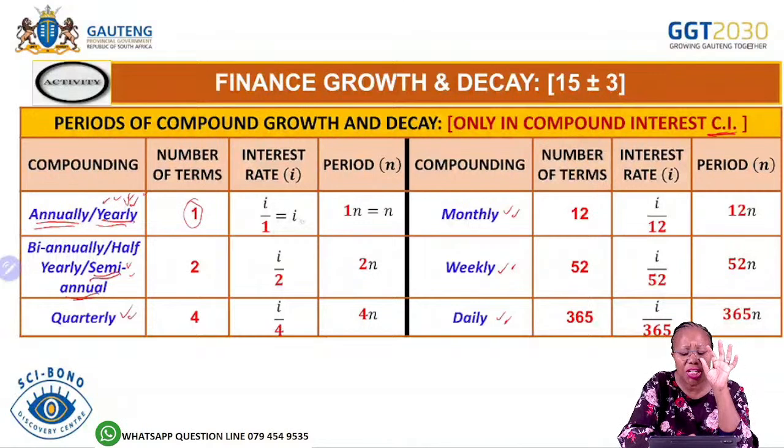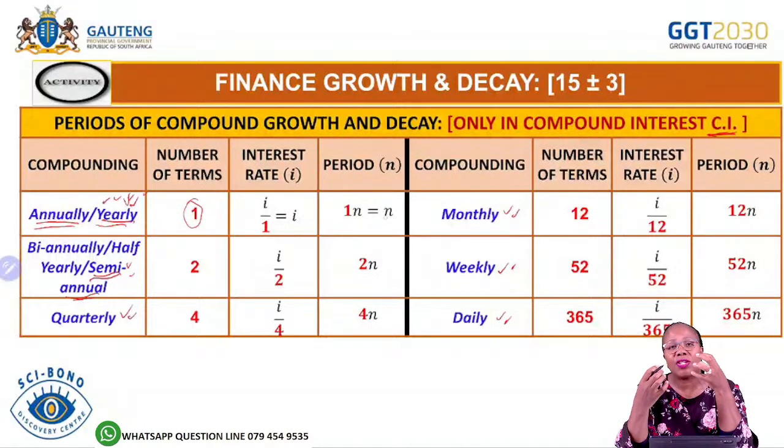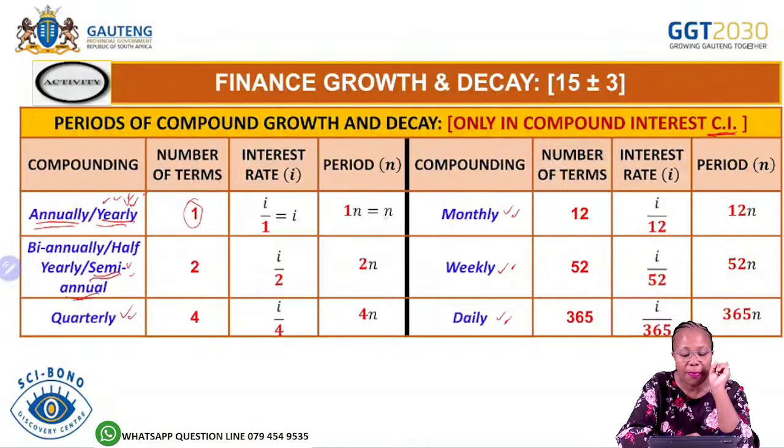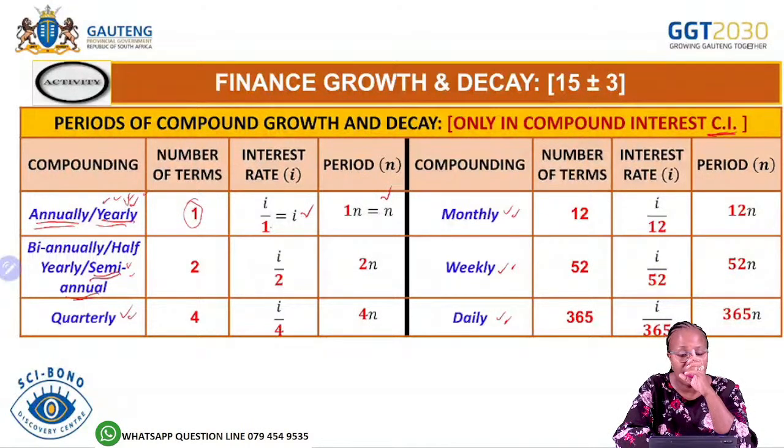It is not affecting your I and N, because compounding has an impact on the I value and the N value. But in the case of annual or yearly compounding, this is not affected, because it will be I over 1, which is still I, and 1 times N, which is still N. So no change on your I value and the N value.